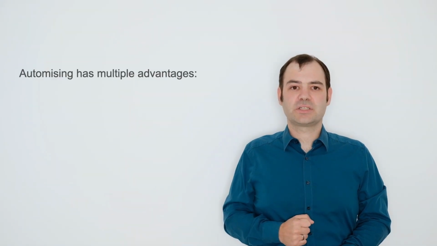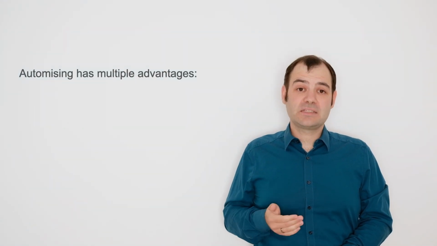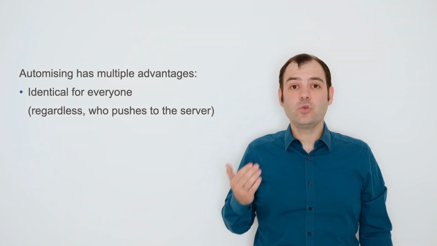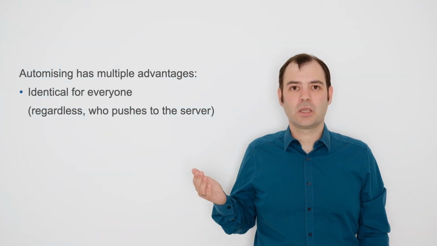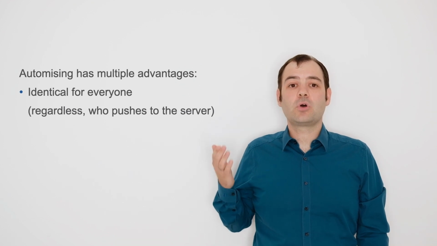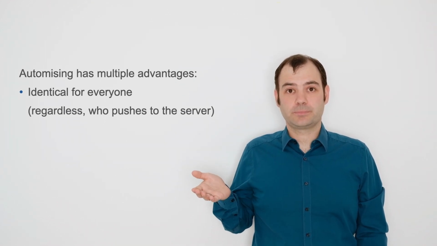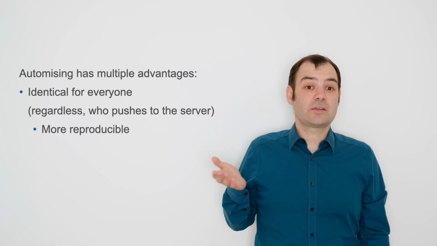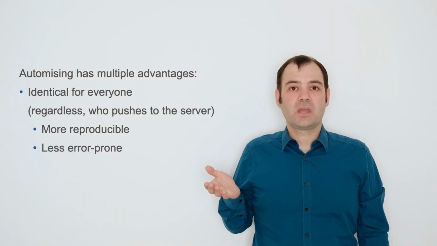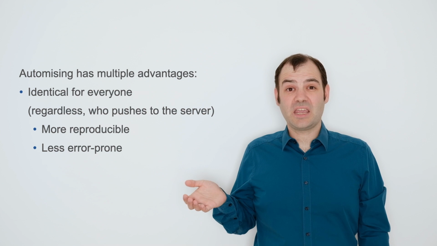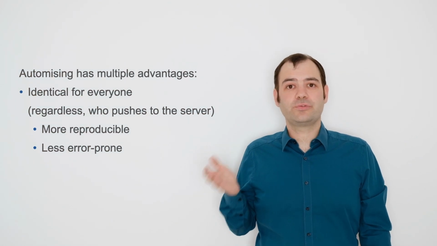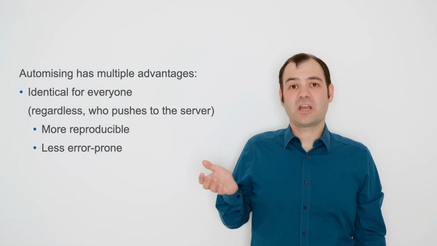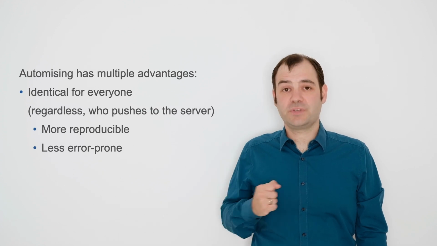So, why to do automation in the first place? Well, automation and automating the tests has a few advantages. First, it is identical for everyone, regardless who pushes new code to the server. So it is more reproducible and it is less error prone. So we're all humans and we all make mistakes, and maybe you also forgot to pass one or the other command line argument to a specific command.